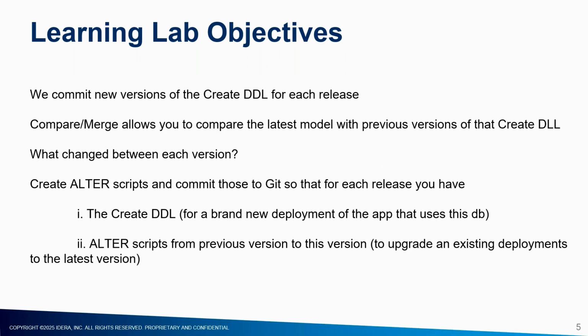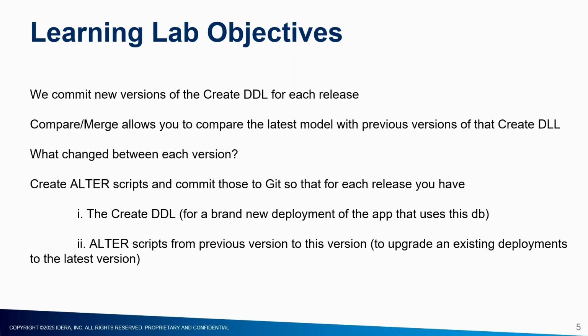What we're trying to do here is to help you embed this as part of your CI/CD process, where we're not only working with the data models but also the code. We'll work with the model, compare with the previous version, and create the DDL from that.